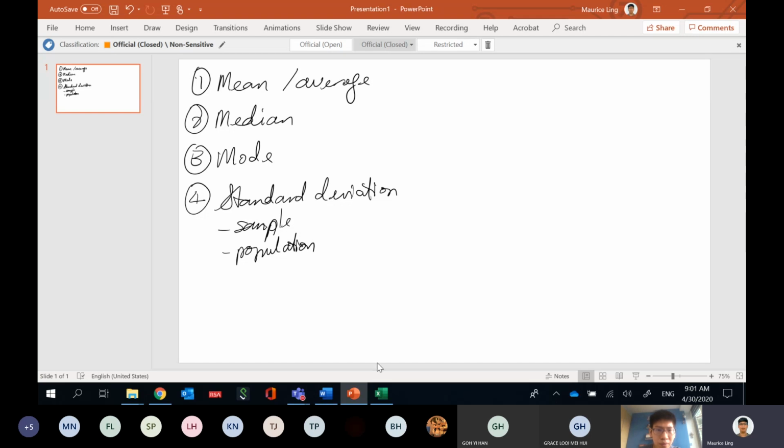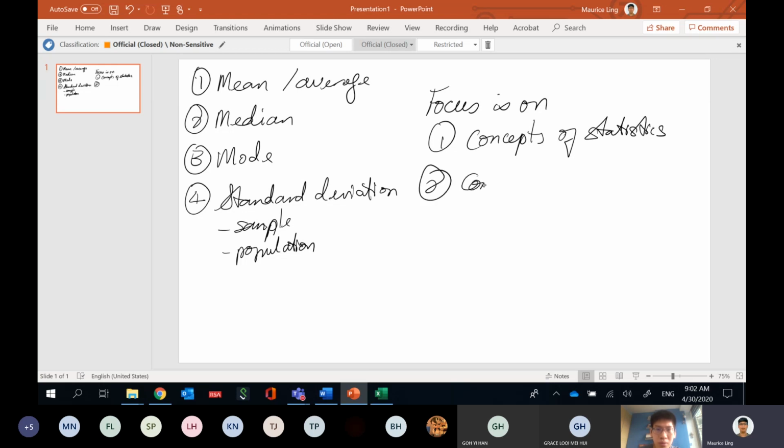Now, I will have to say that out of this whole BDA, the focus is on two things. One is the concepts of your statistics. The second is your computation. Computation means the lab sessions.